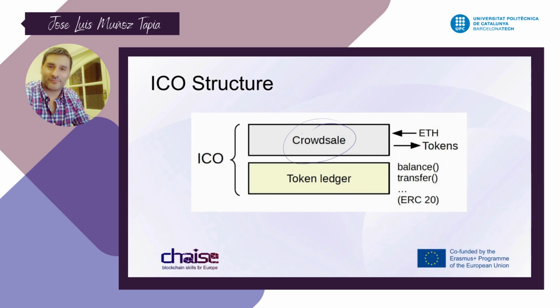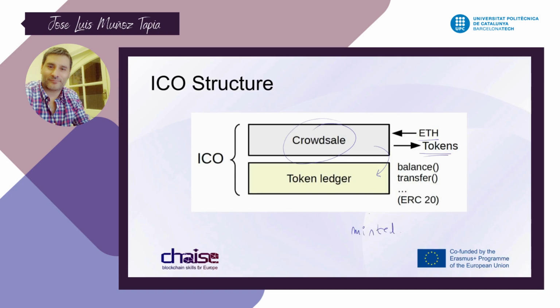Essentially, it's a smart contract to which you send transactions with ether, and then it gives us tokens. And these tokens are created, or generated, or issued. They are minted, is the word that we typically use.